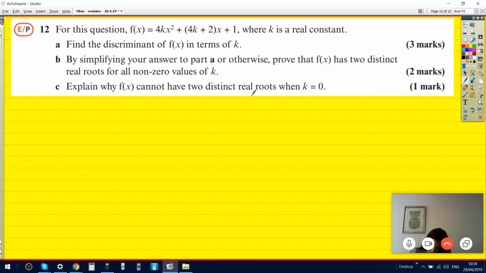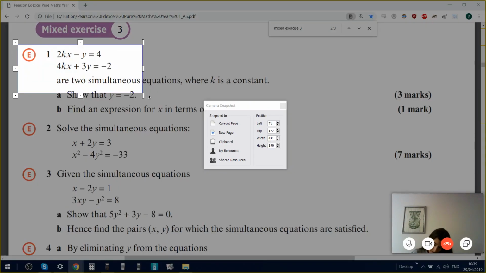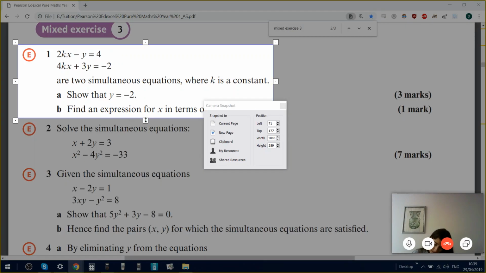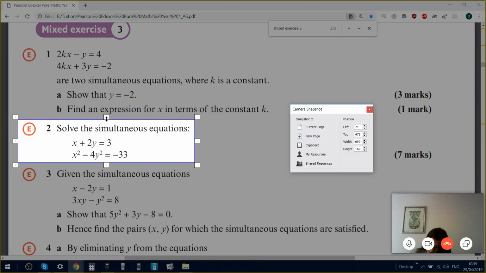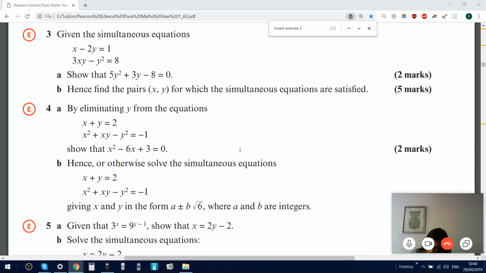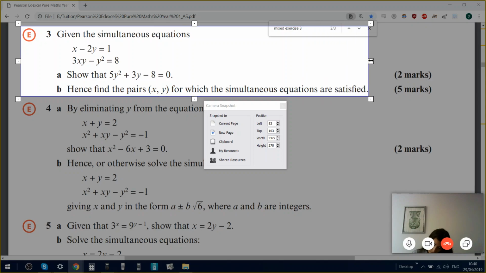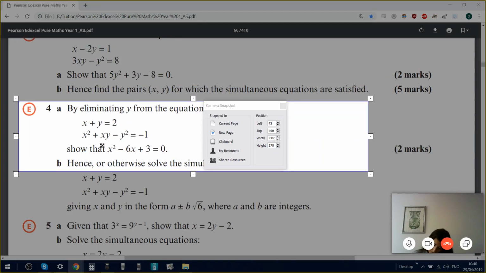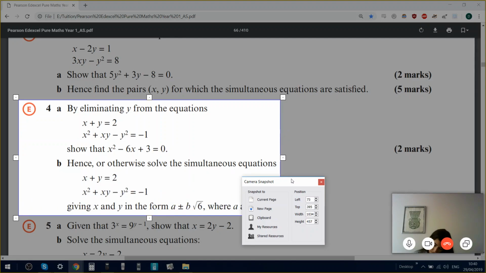So (4k plus 2) squared minus 4k times 1. (4k plus 2) squared is 16k squared plus 16k plus 4. Minus 4 times 4k is 16k. There. So 16k squared plus 4 is equal to 0.